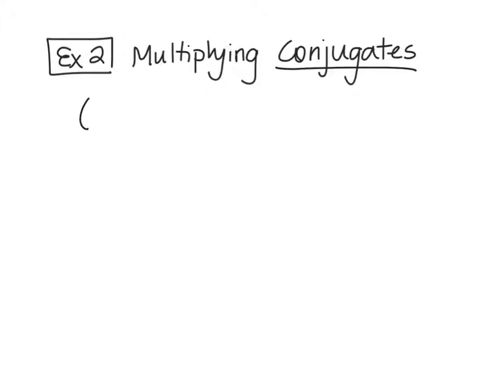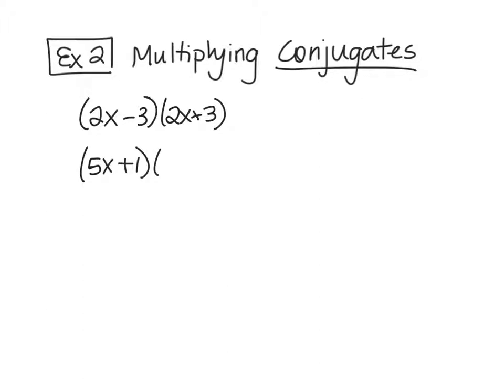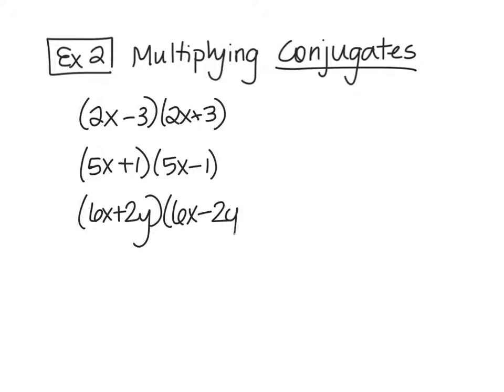So one conjugate problem could be 2x minus 3 and 2x plus 3. Or we could have 5x plus 1 and 5x minus 1. Or we could have 6x plus 2y and 6x minus 2y.